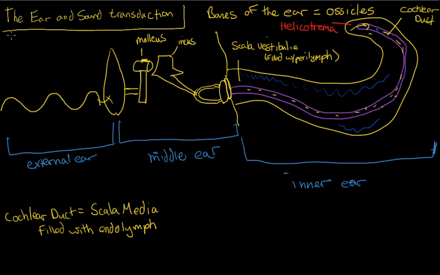And once it passes that, it's going to enter the scala tympani. So on this side of the cochlear duct, we have the scala tympani. Or tympani, but I'm going to go with tympani. Scala tympani.